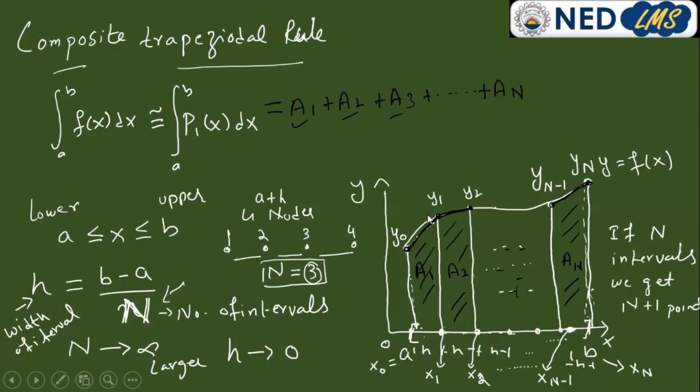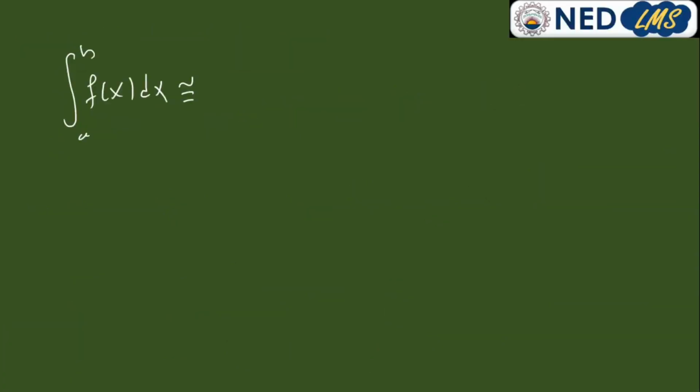The parallel sides are y0 and y1, divided by 2 because it is the trapezoidal rule, and they are separated by a distance of h. I am applying the trapezoid in a composite sense, in each smaller segment. So I get y0 plus y1 divided by 2, the average of the parallel sides, multiplied by the separation between them, which is h.